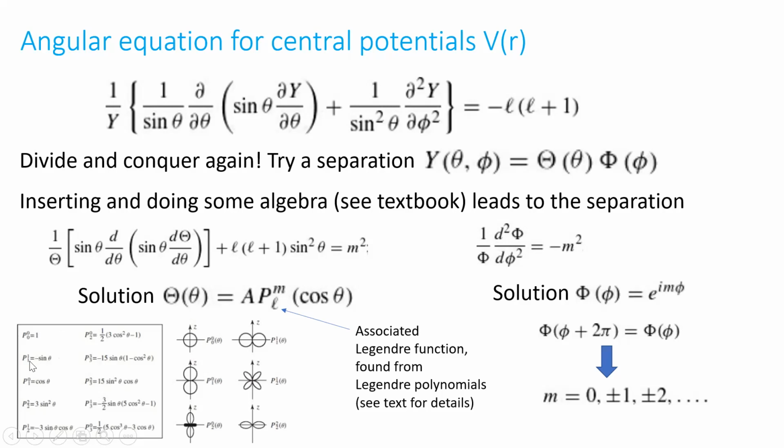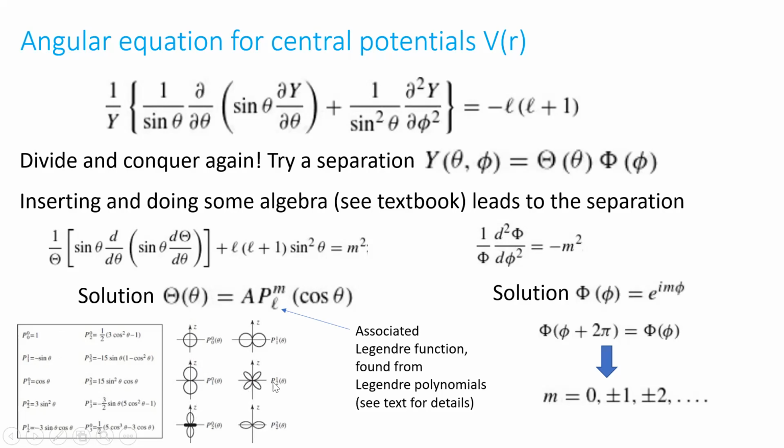P_1^0 here is cosine theta. So it's big here at 0. It goes to 0 at pi over 2 and gets big here again at pi. And then there are other shapes.